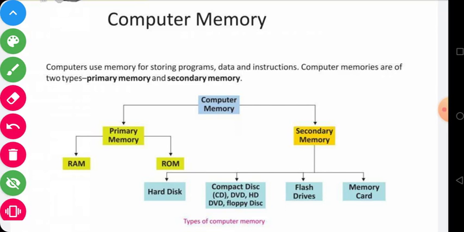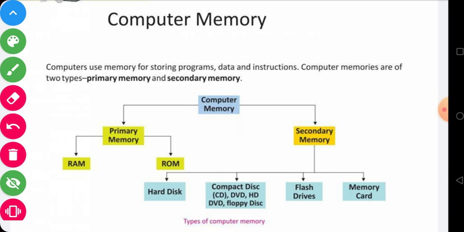The first one is volatile, whereas the second one is non-volatile. Volatile and non-volatile mean, in volatile memory, anything which is stored at the current time is erased after we switch off the machine or device.